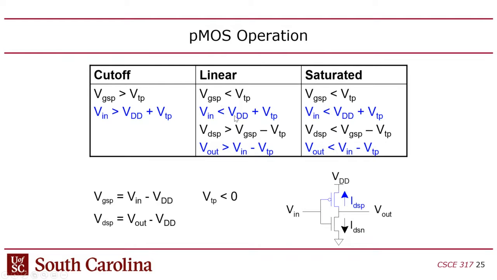So if the gate source voltage, and again, the source terminal is now on the top, is negative, and the absolute value of that negative value is greater than the threshold, which would be the same as saying the value of the gate is less than the threshold, then we go into either linear or saturation mode.